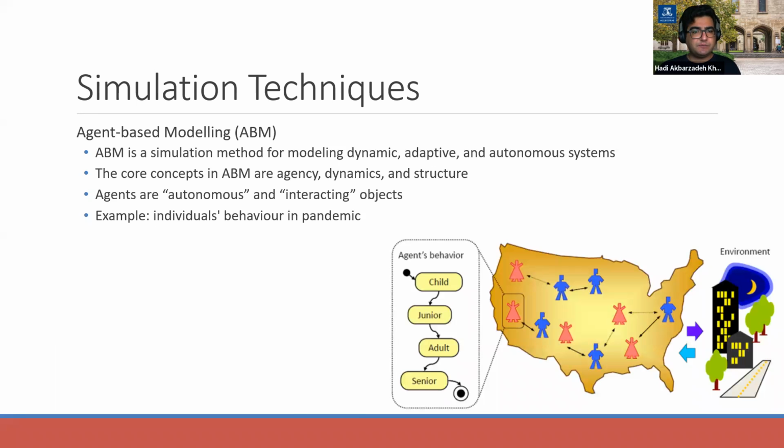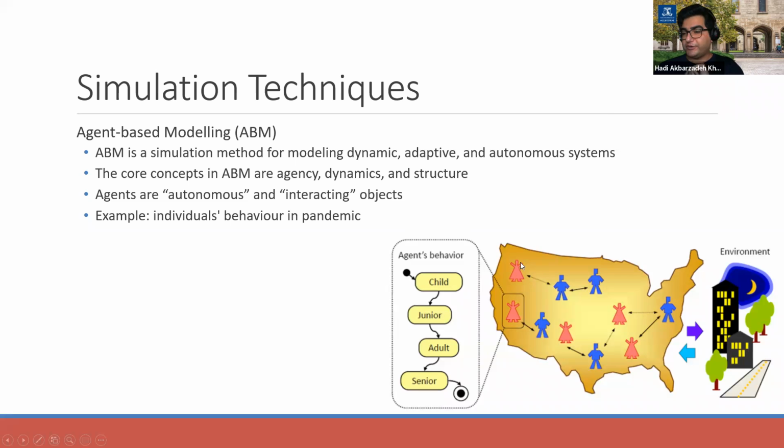Second one is agent-based modeling, which is trying to, again, capture or simulate the dynamic behavior within the system, but mostly based on agents, which are autonomous and interactive objects. It means it tries to do the modeling at the individual level.